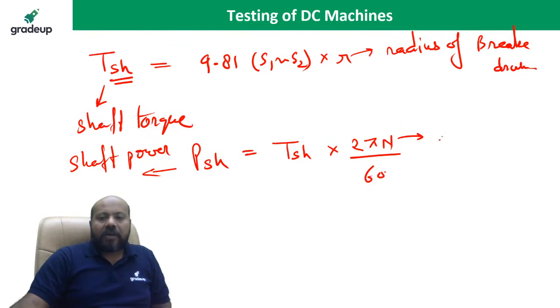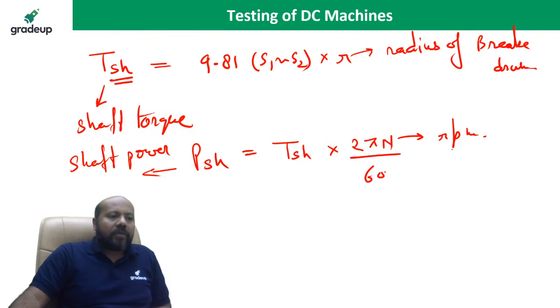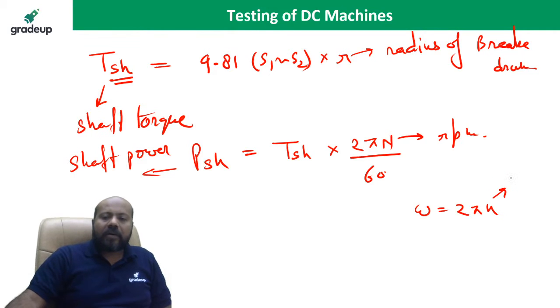Now this speed is speed in RPM. You have to calculate omega as 2 pi n if n is in RPS, and if you write it in terms of RPM it is going to be 2 pi n by 60.